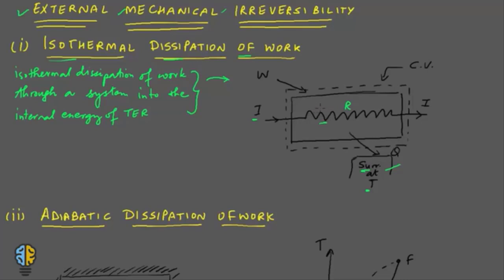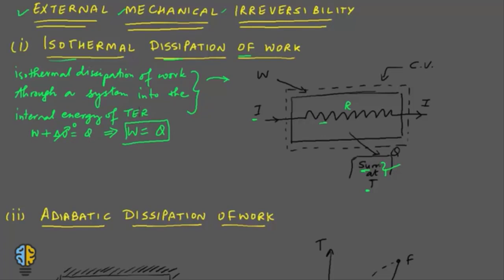So if you invoke the first law, W plus delta U is equal to Q. Because it is at steady state, the internal energy is constant, so delta U becomes 0. So the first law reduces to W is equal to Q.